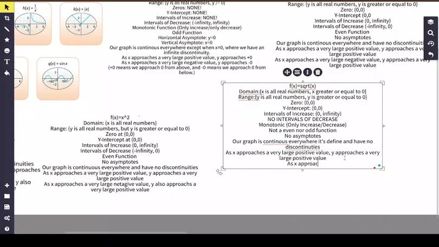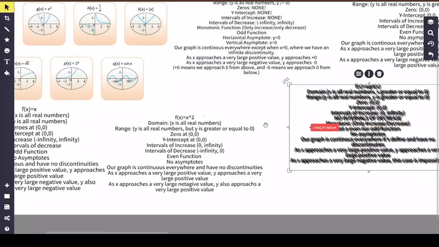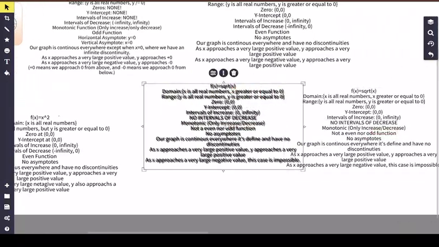As x approaches a very large negative value, this case is impossible. We can't actually approach a very large negative value because it's a square root. We can't take any negative values. Alright, let's go ahead and copy this and do our second last function, which is an exponential function.